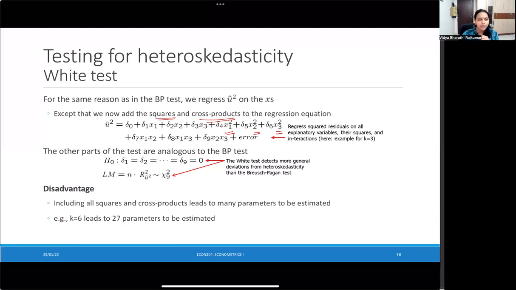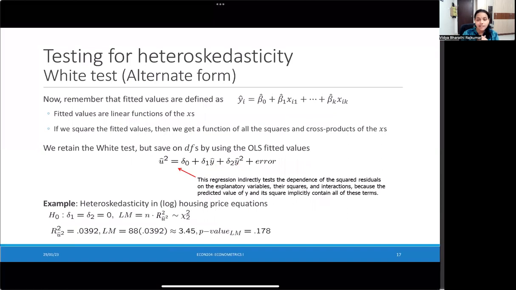So there's an alternate version of the White test that exists, which uses a very simple, intuitive logic. When you run a regression of y on x and you want to predict your y values, the y hat values are predicted from the regression equation that you fit: beta naught hat plus beta 1 hat times x1, and so on up to beta k hat times xk.